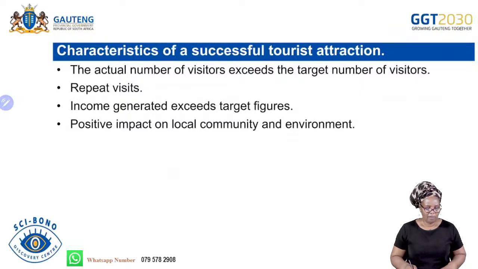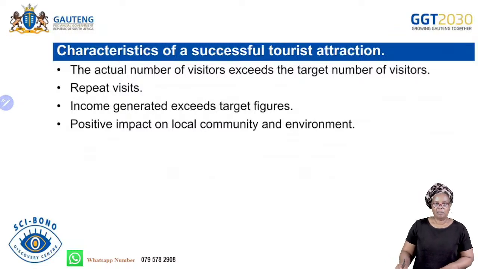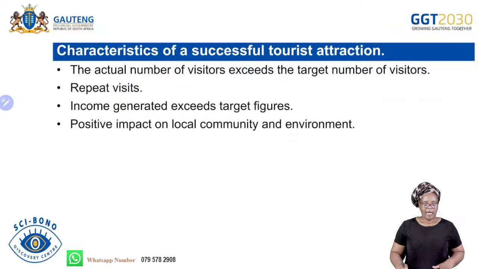The second one, we talk about the repeat visit. This one is very important because if we don't have repeat business, it means we're going to lose the tourists. And you know, when you lose the tourists, there won't be any income. So this repeat business is so important because it is where the word of mouth comes in.